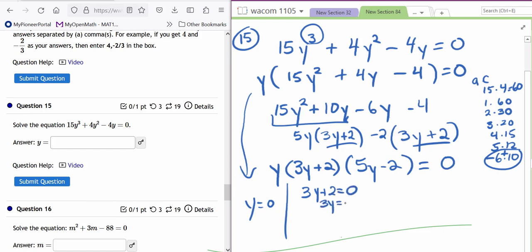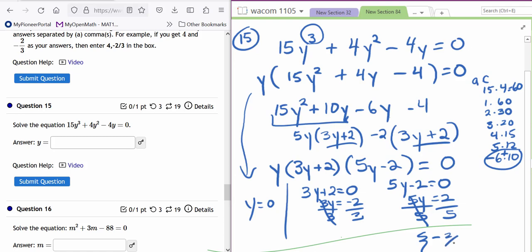So 3y equals negative 2 and divide by 3. Right? And your third one, 5y minus 2 equals 0. So you're going to add your 2. So 5y equals 2 and divide by 5. All right, so we have a negative 2/3, we have 0, and we have 2/5.